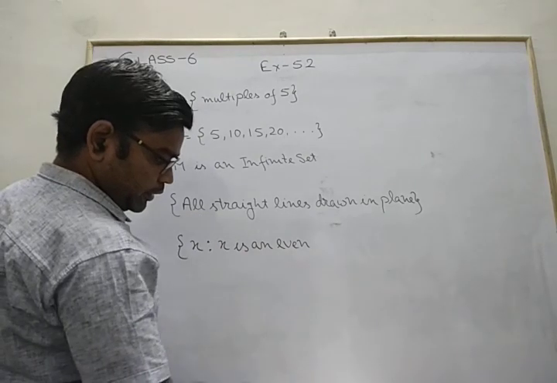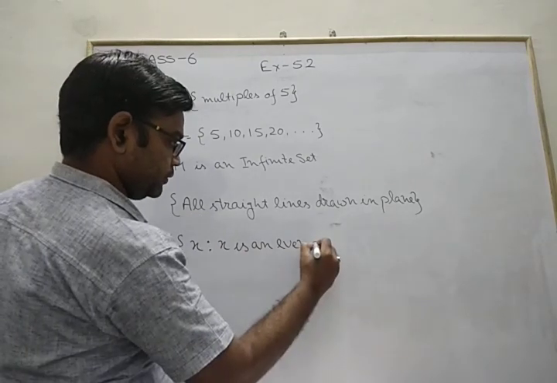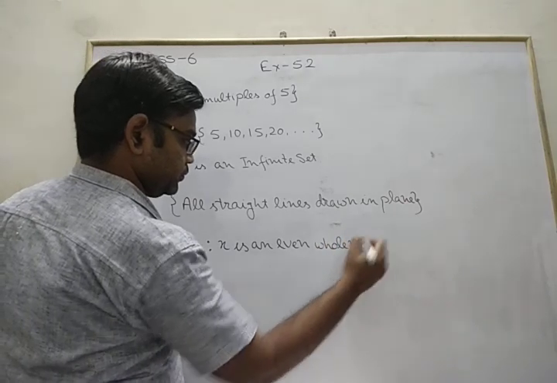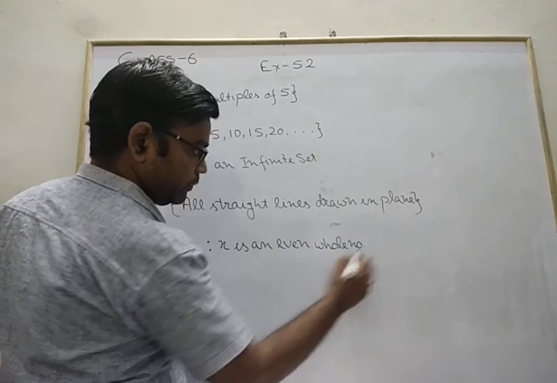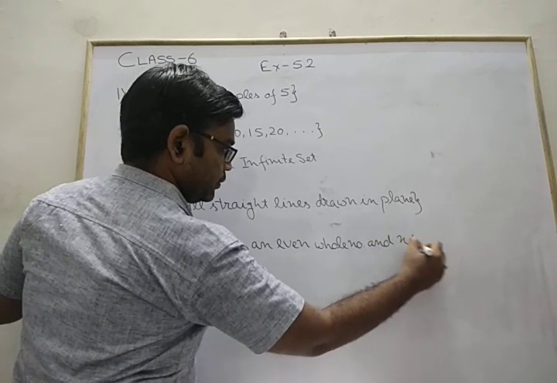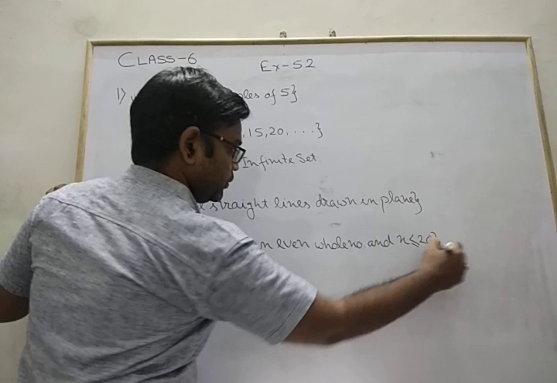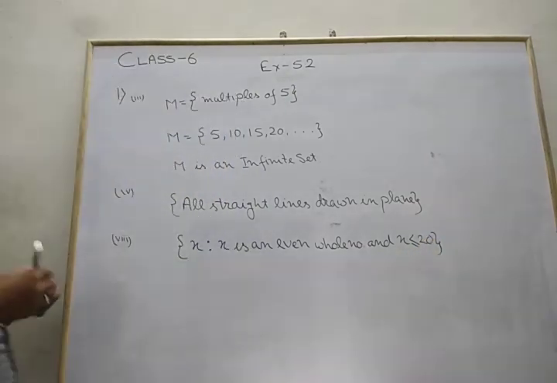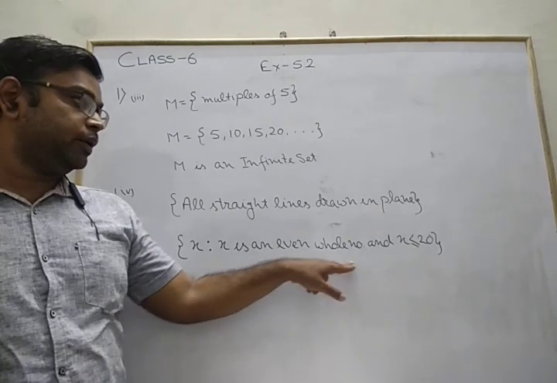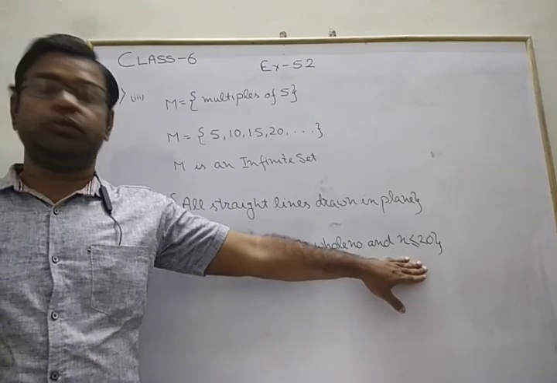X is an even whole number. So this is your set: X is a set of X such that X is an even whole number and less than or equal to 20.